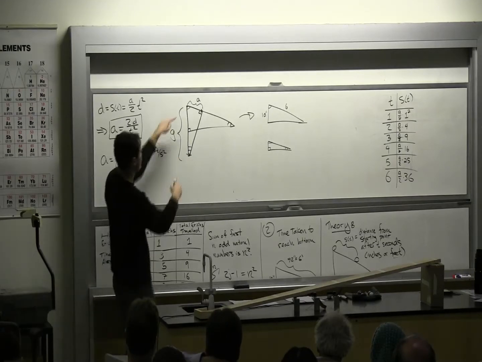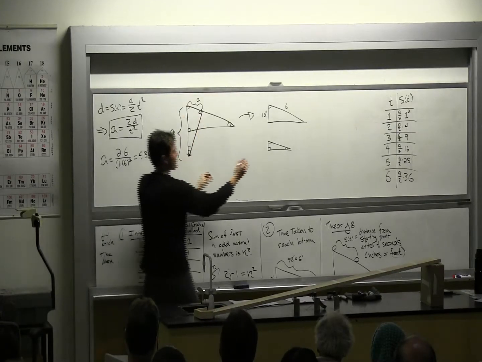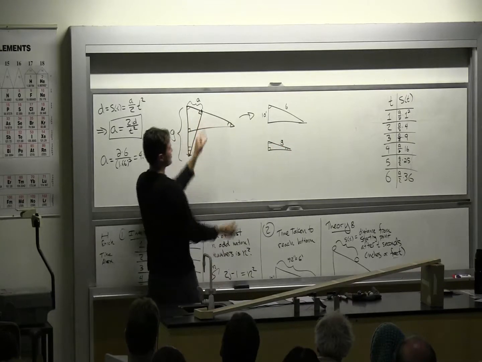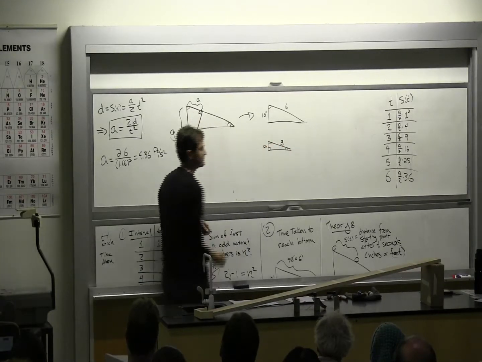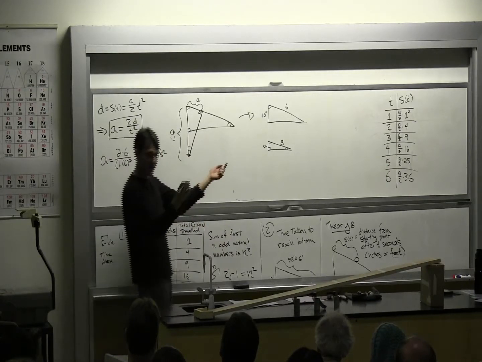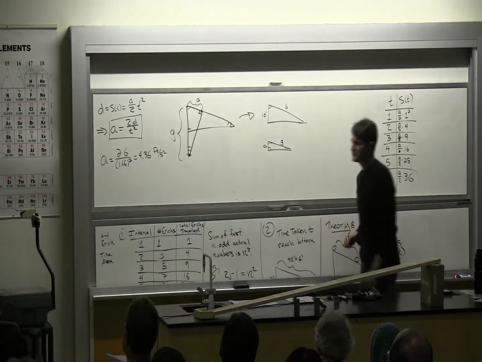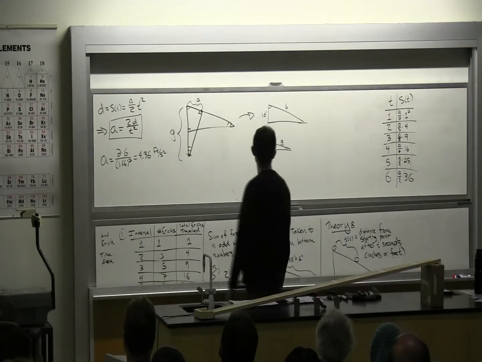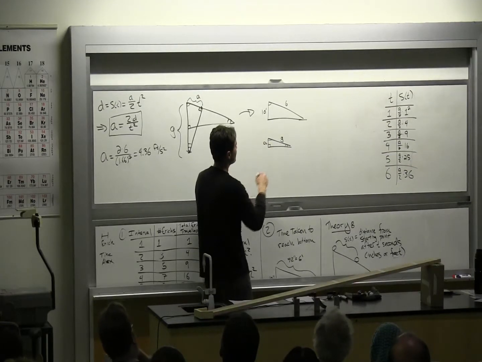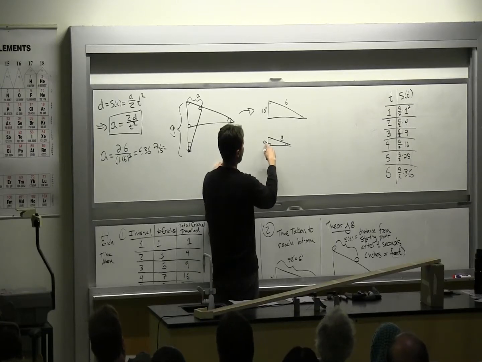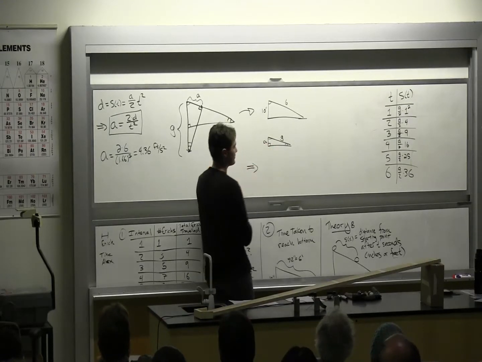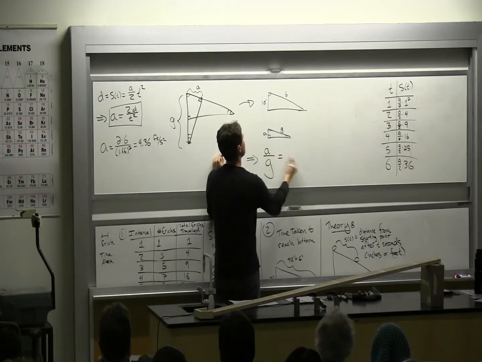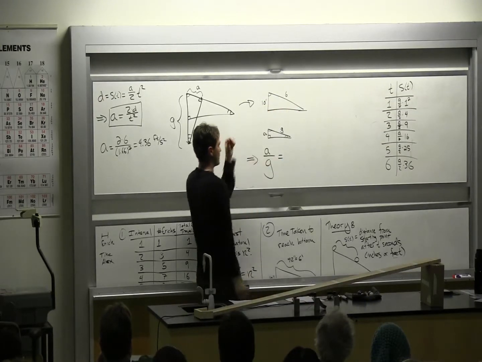It's the hypotenuse, right? It's the side opposite the right angle. So there's my G. And then my A is going to be the shorter one right here, A. And by high school geometry, these two triangles are similar, which means the ratios of their side lengths are similar. So I have a choice here, but I think I'll do A over G. Since the triangles are similar, A over G is equal to, well, okay, now I gotta be careful.